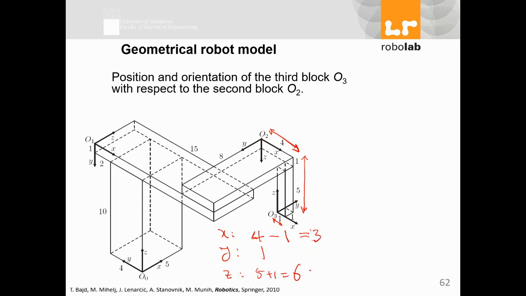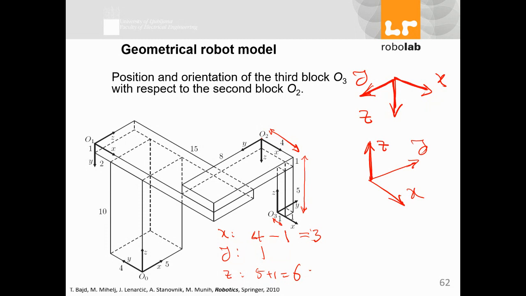And for rotation, what I have here is y in this direction, x in this direction, and z in this direction. Now what I'm getting is z in this direction, y in this direction, and x in this direction. You see, x is the same.